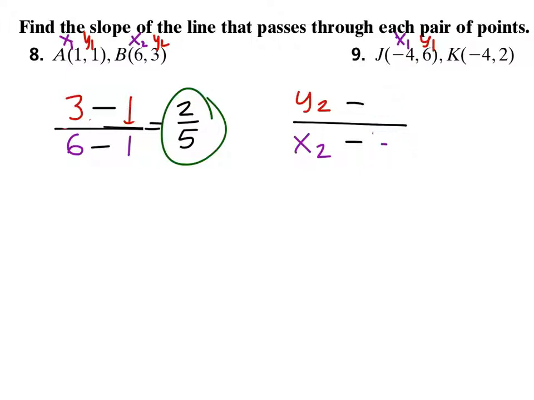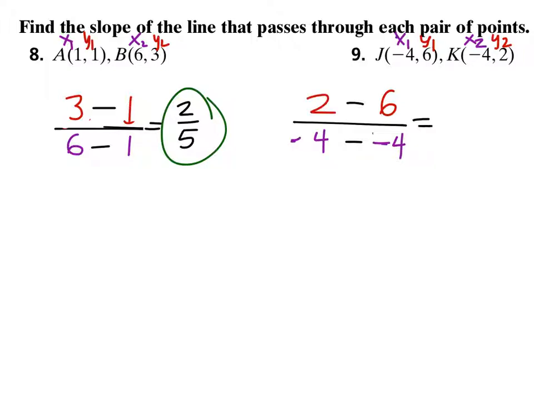So x1 is negative 4, and y1 is 6 right there. And next up, we got an x2 value of negative 4, and a y2 value of 2. So I'm going to replace those as well. So again, x2 there is negative 4, and y2 is 2.